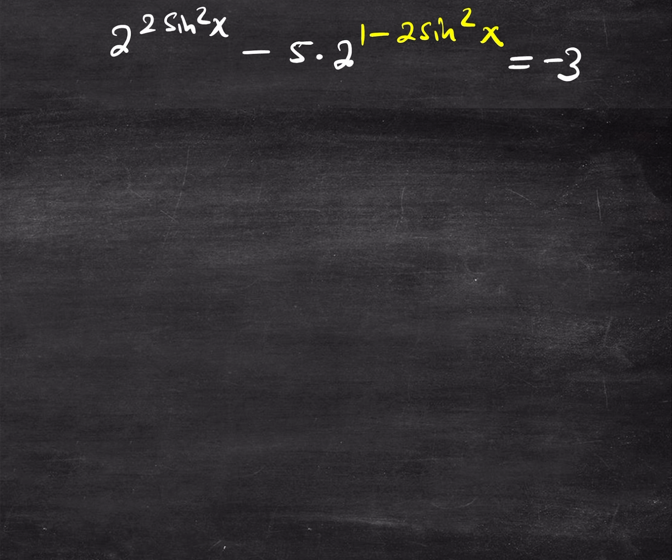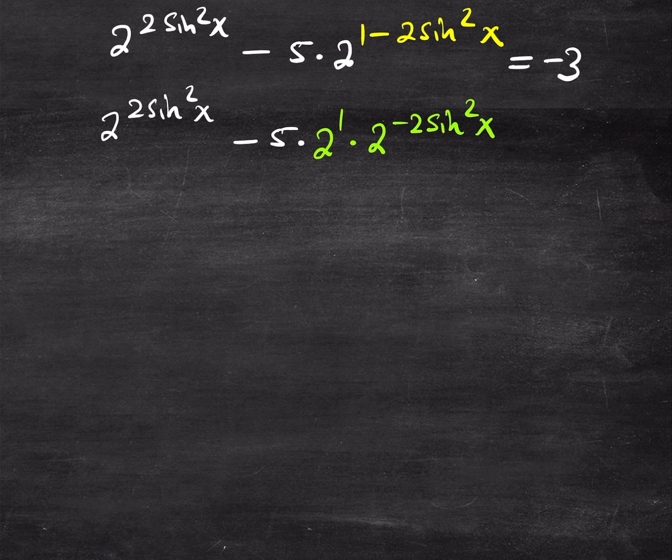And I think from here it is just to break down the laws of exponents to say that you have 2 to the power 2 sine squared of x, take away 5, multiplied by, if you break that down nicely, 2 to the exponent 1, multiplied by 2 to the exponent negative 2 sine squared of x.